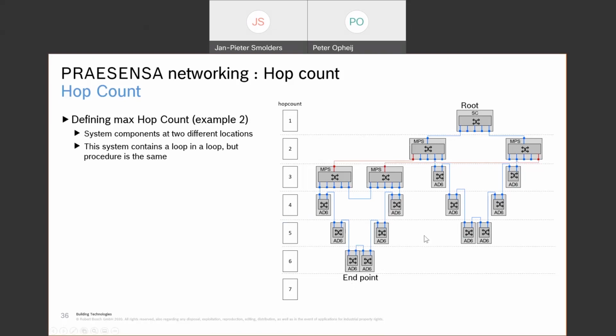What you also see here, it is a loop. If you look at this line here, but you also have a loop like this. And back to the controller, you even have a loop here. And that is for RSTP, no problem. You can do that. RSTP will take care of that.